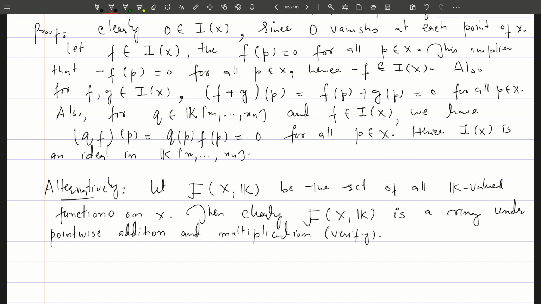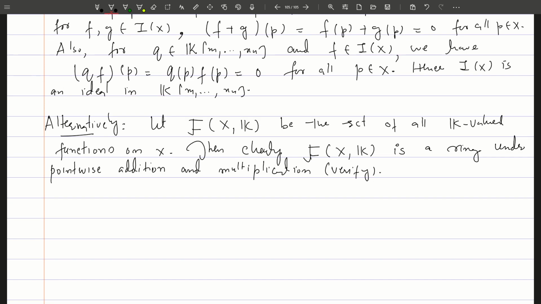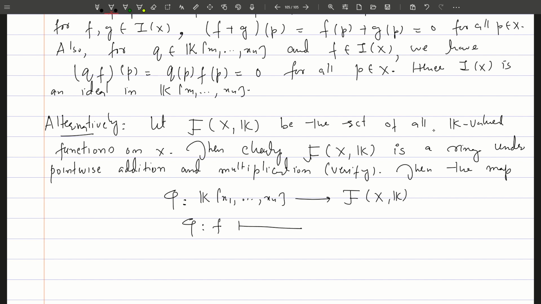Now we can define a ring homomorphism. Then the map phi from the polynomial ring in n variables to this ring F(X, k) is given like this: phi takes a polynomial f to the polynomial function evaluated at X. So this is a well-defined map.